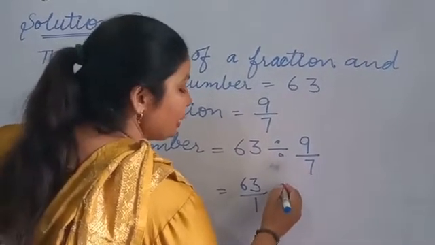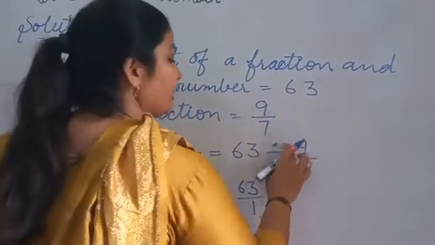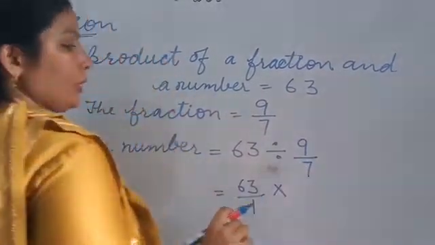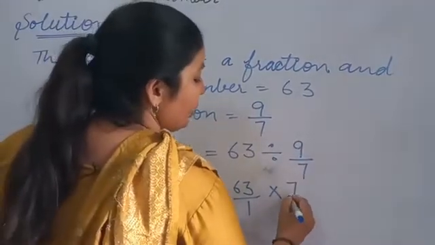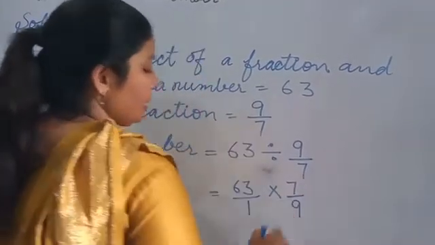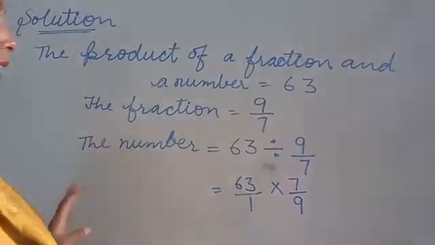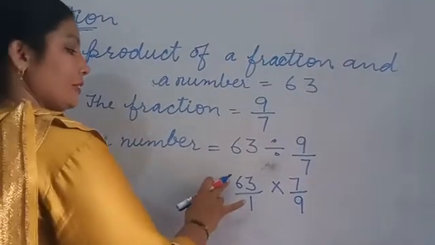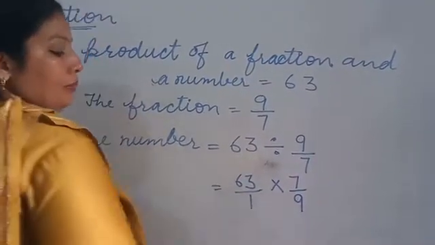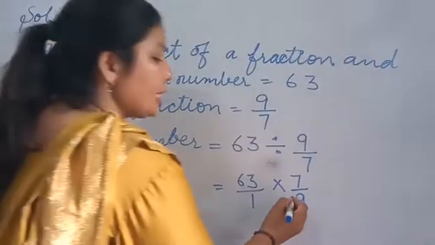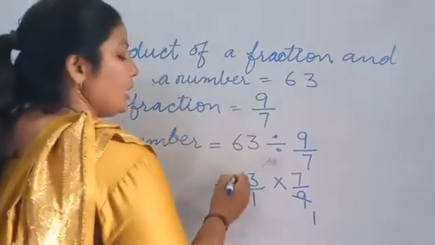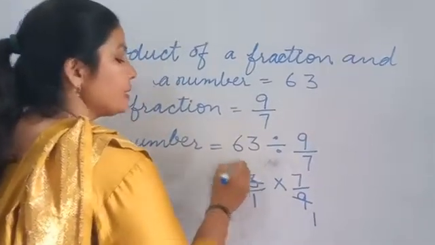Now divide will change into multiply, and after that the fraction becomes its reciprocal. So here it is 9 upon 7, so it becomes 7 upon 9. Now we cancel by dividing with the same number. We can see that 63 and 9 both come in the 9 table, so we can divide by 9. 9 ones are 9 and 9 sevens are 63.